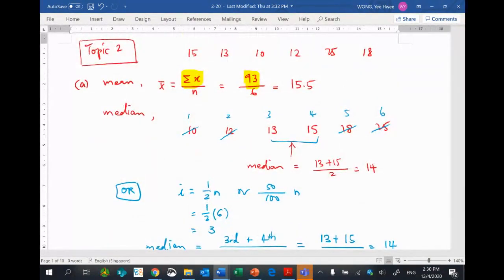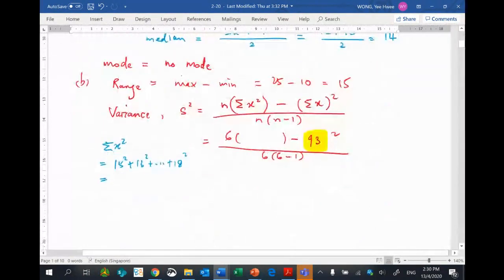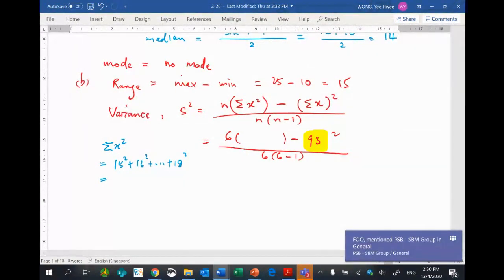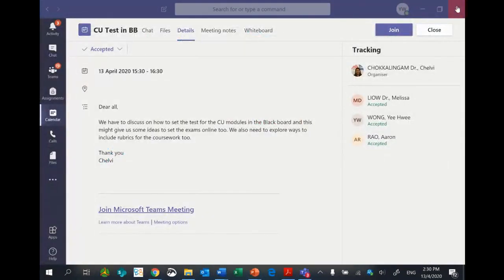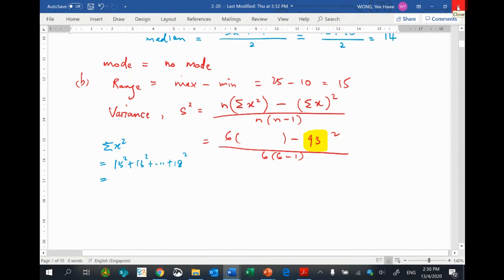Then you add. This is what you actually press. You press 15, then you square. You press 13, then you square. How much do you get?